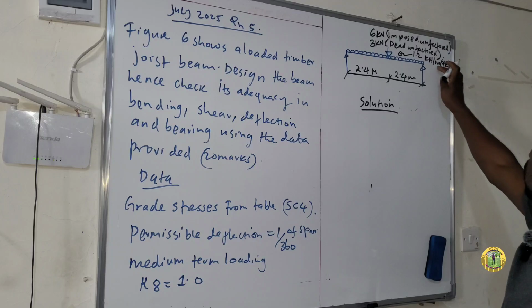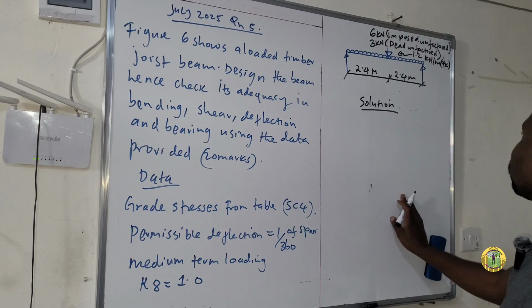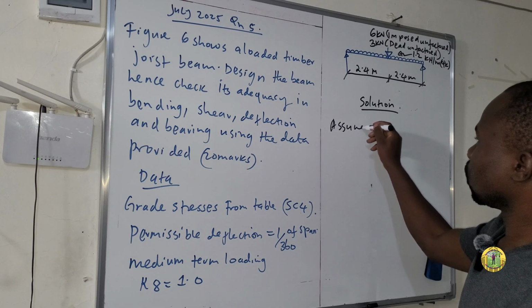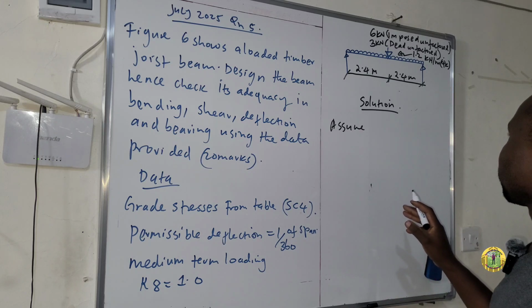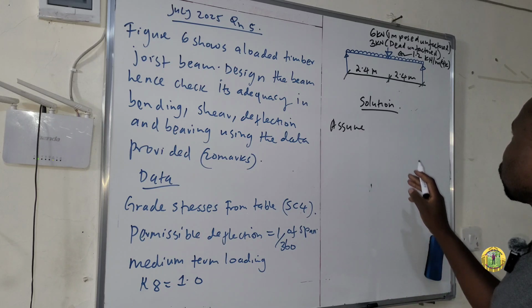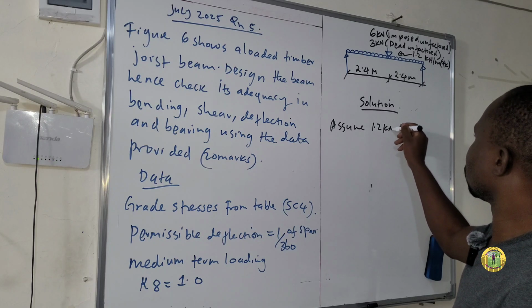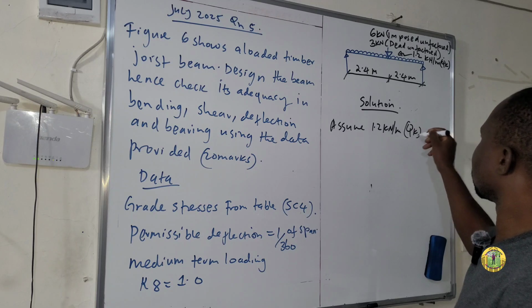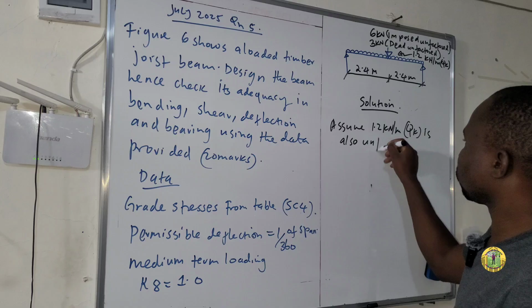For this one, we have not been told if it is unfactored or factored. So we'll assume, and make sure when you assume, you write it on your exam booklet. So assume 1.2 kilonewton per meter, which is QK, is also unfactored, like that.